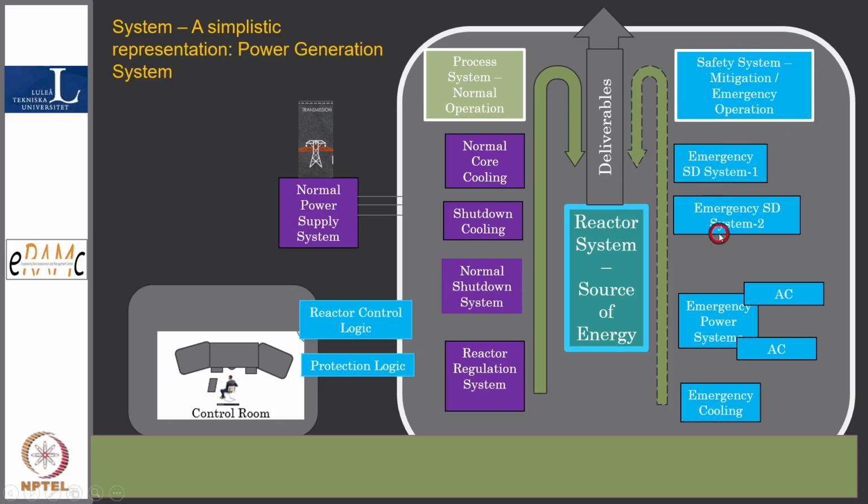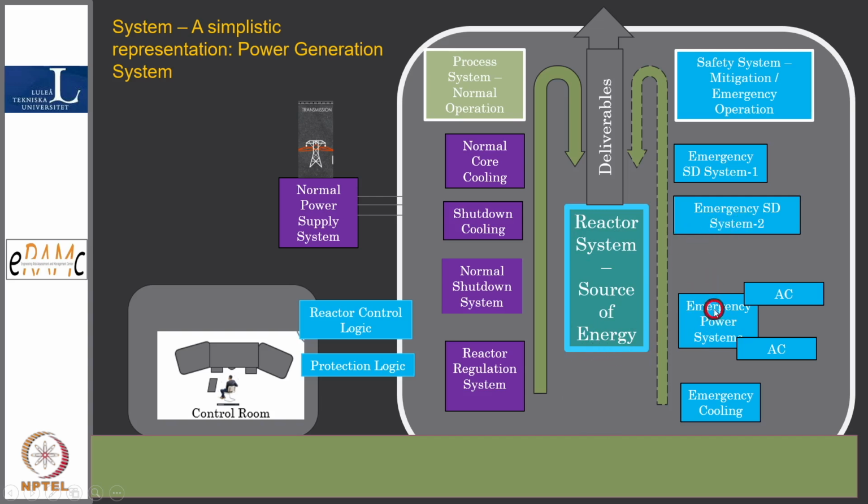Then the second one is emergency shutdown system number 2. So, if the normal shutdown system fails, there are two more, and you can imagine the kind of redundancy built in, so that the safety of this structure we call the reactor system is ensured.